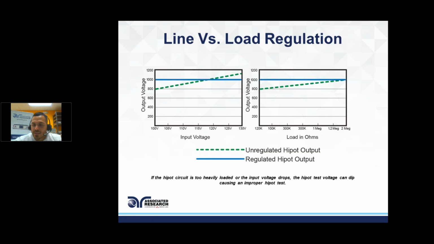So as technology has evolved, and to be honest, most Hipot testers are designed this way with a regulated output, that 500 VA necessity in standards is becoming obsolete. And so in a lot of standards these days, they're starting to chop that out.